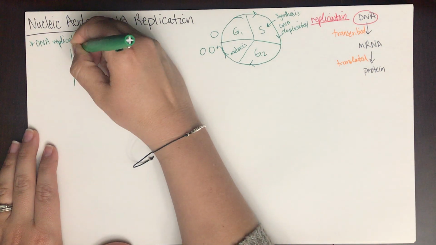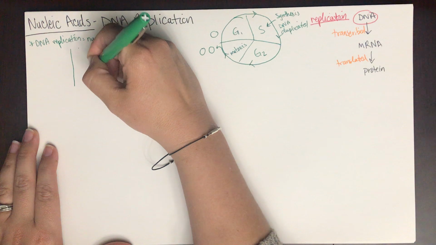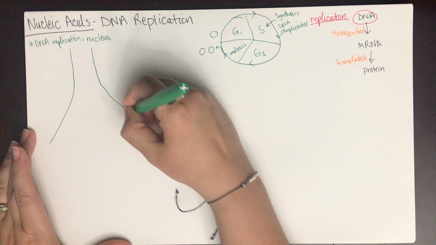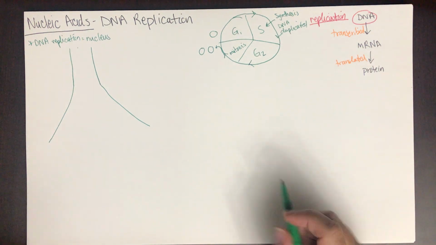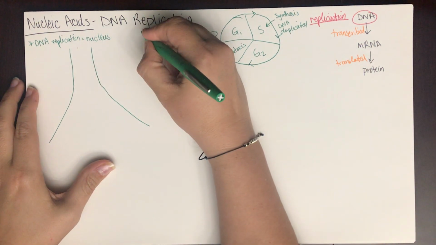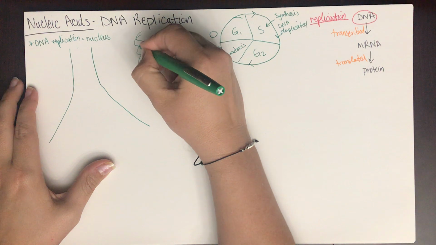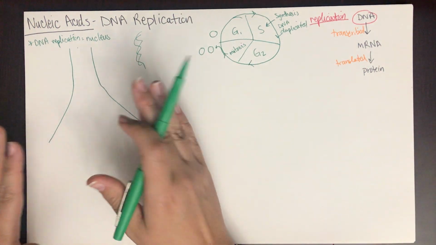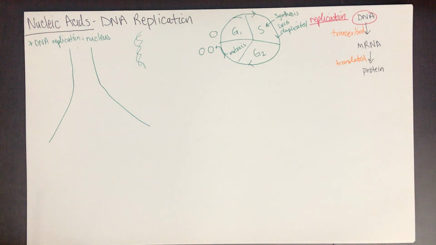So I'm going to draw the DNA like this, and then I'm going to show it opening up here, because this would have been the double-stranded helix, and I've just straightened it out. So here is my straightened out DNA.